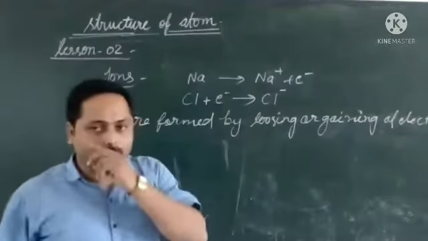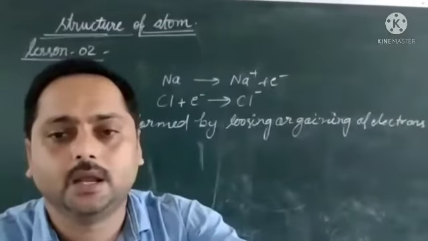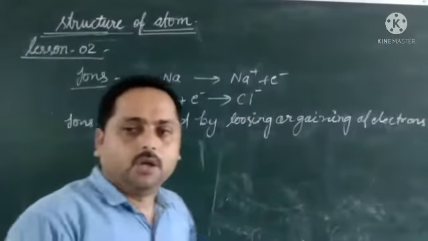We can write here, I have to note it. Ions are formed by losing or gaining electrons. Okay.